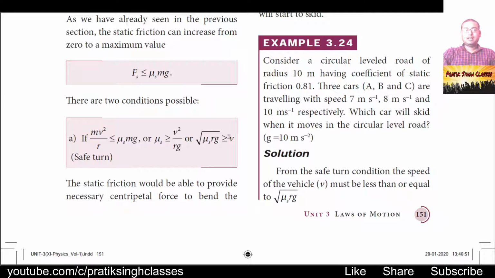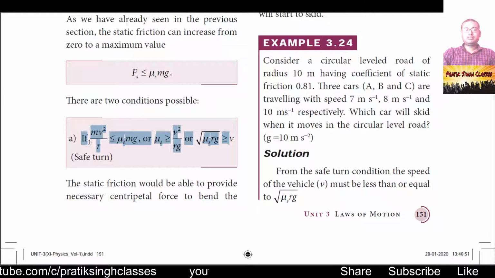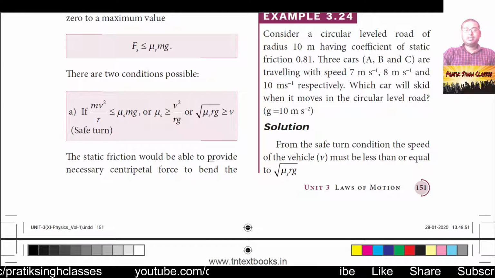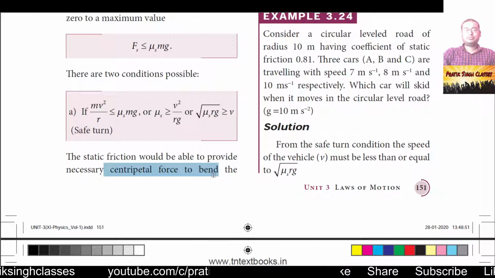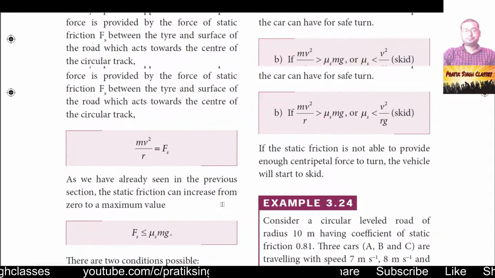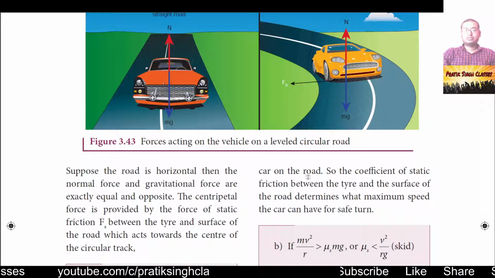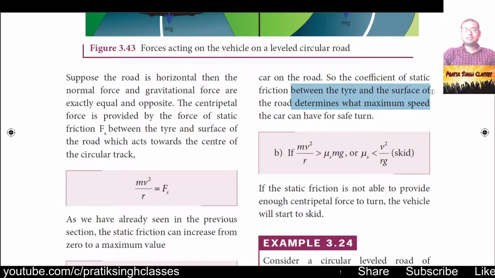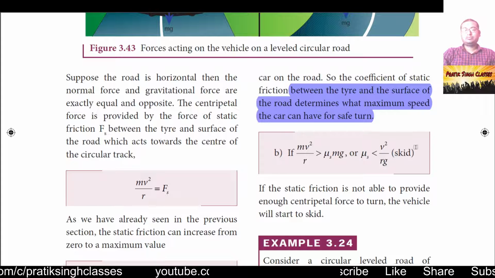These are the conditions for a safe turn. Safe turn means without sliding. The static friction would be able to provide the necessary centripetal force to bend the car on the road. So the coefficient of static friction between the tire and the surface of the road determines the maximum speed the car can have for a safe turn.